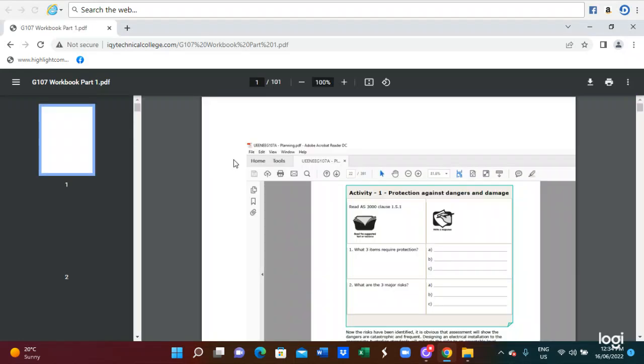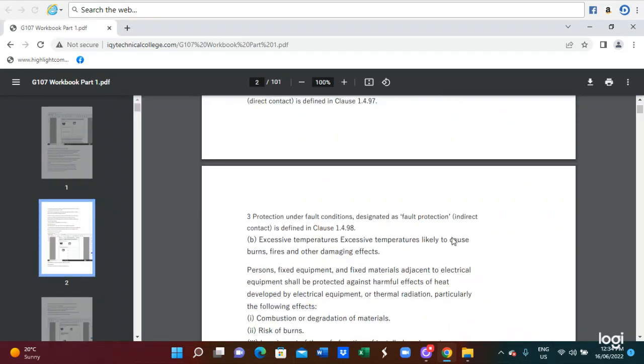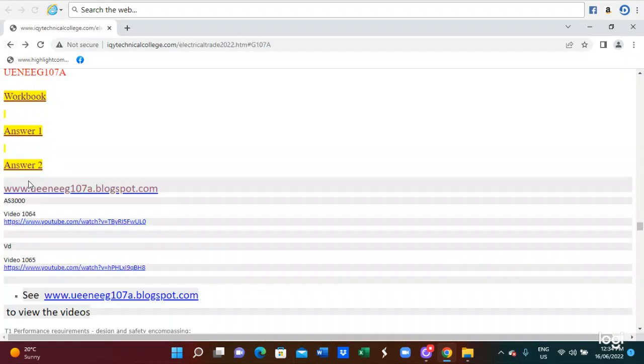Those are the answers for the G107 workbook. Answer part 1, this is answer part 2. So download and study the G107 workbook, and also the answer. Also you can look at my answers regarding the workbook questions. So those are workbook part 1 and workbook part 2 answers.